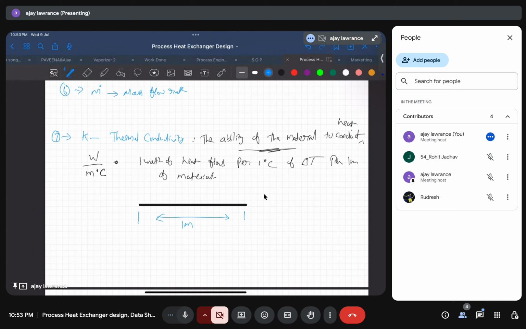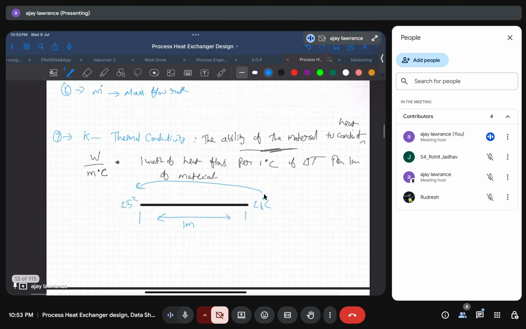It is maintained at 25 degrees Celsius at one end and 26 degrees Celsius at the other, which means heat will travel from higher to lower. That is a classic statement, you know it. Then the amount of heat that will travel under this condition is called thermal conductivity, and it will be different for different materials.